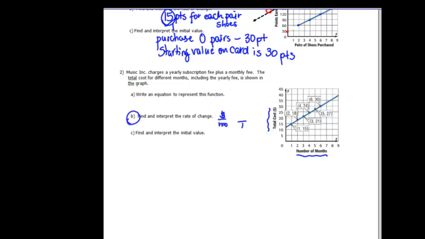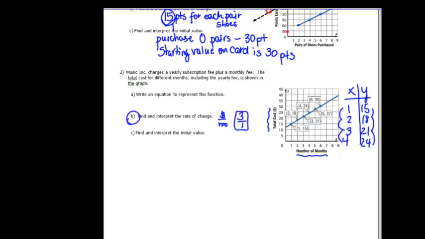You could put this almost in a chart. 1 month is 15, 2 months is 18, 3 months is 21, 4 months is 24. What is my rate of change for each 1 month? It's going to be $3, right? So for every month that I subscribe, I pay an additional $3. So the rate of change is 3, or 3 over 1.